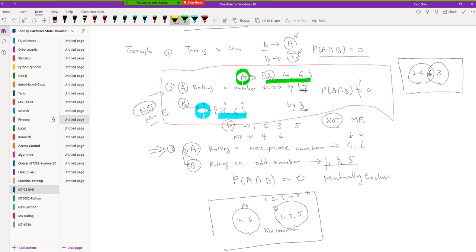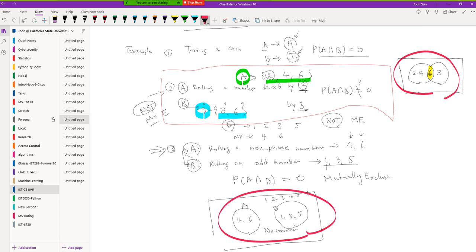You see that there's a common area, and that's why A and B are not mutually exclusive. So compare this with the previous one. In here we have a common area, so this is not mutually exclusive. And this is mutually exclusive.